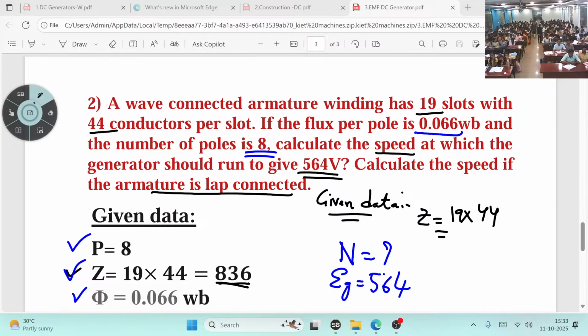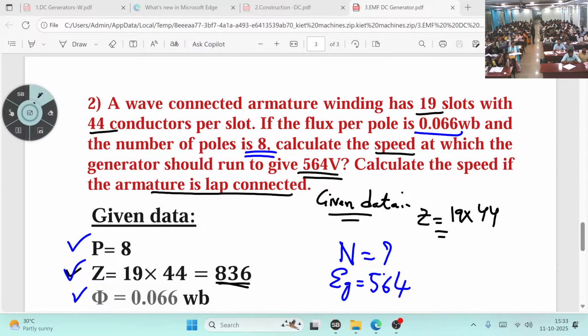The formula is EG is equal to pi Z NP by 60A. Pi value 0.066, Z value 836, N we have to calculate, EG is given, 564, P is given 8, by 60A.